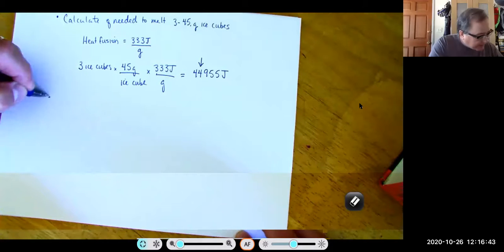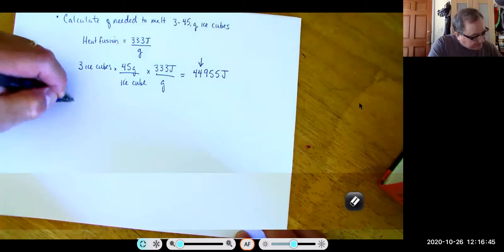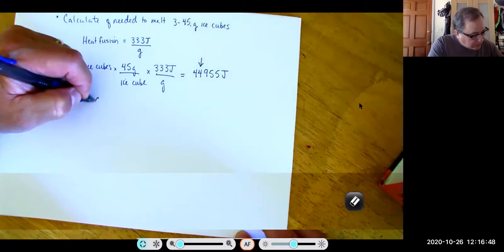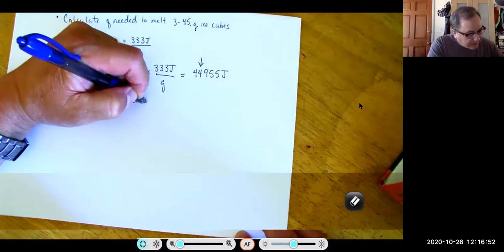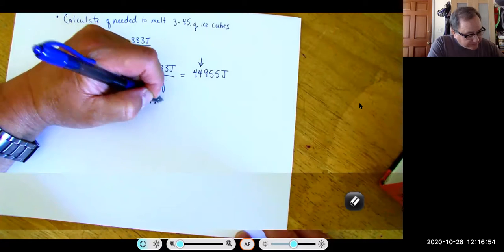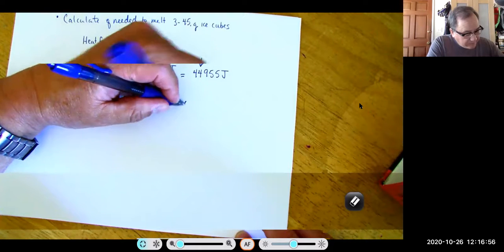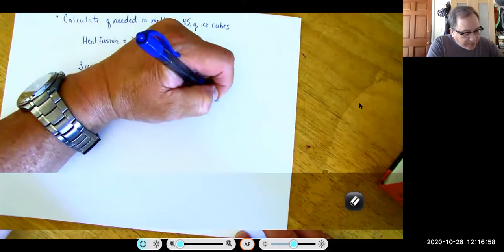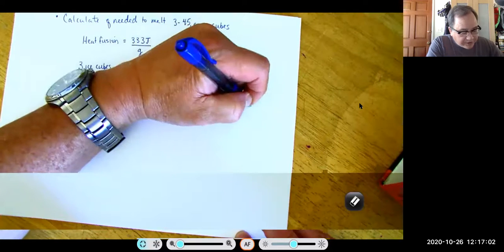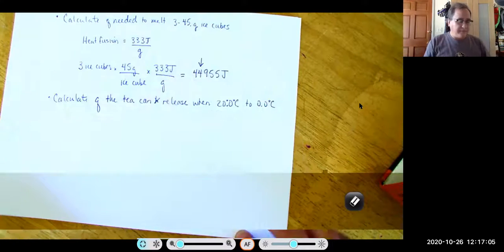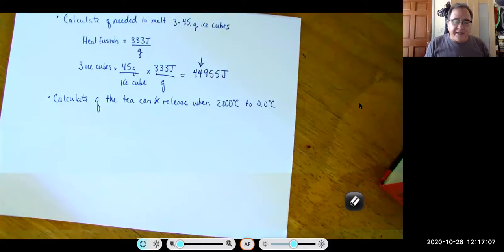Now I'm going to calculate the Q the tea can release when it goes from 20 degrees Celsius to 0 degrees Celsius. So that's the maximum amount of heat that the tea can give up.